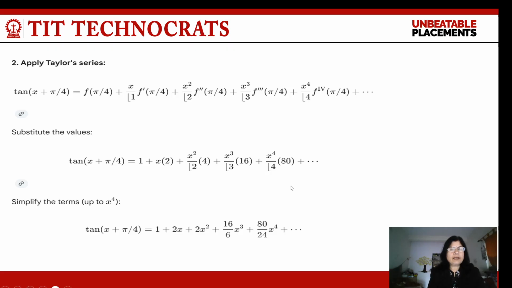So simplifying, we get tan(x + pi/4) is equal to 1 + 2x + 2x^2 + 16/6 x^3 + 80/24 x^4.